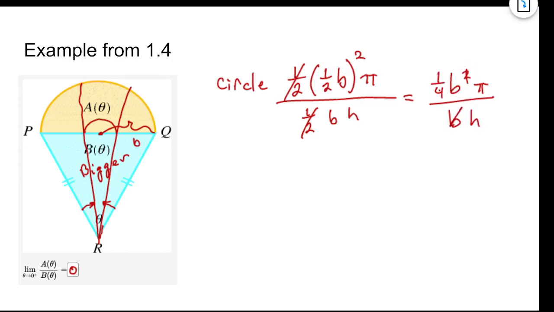This B cancels with one of these, and so we're left with B pi over 4H. And again, looking at this, because it's an isosceles triangle, H is going to be much larger than B, especially as theta gets close to 0.